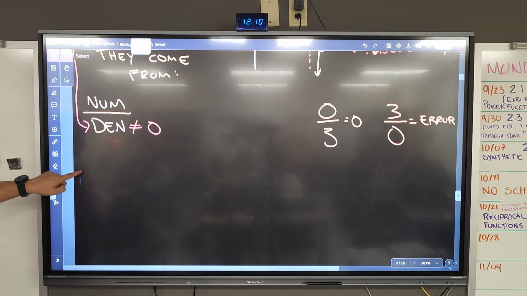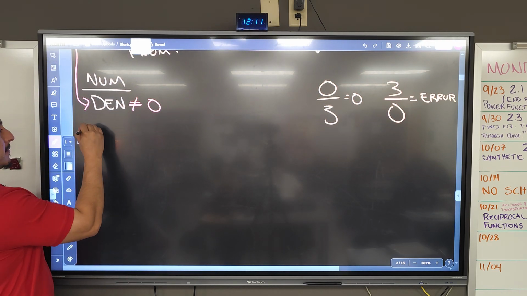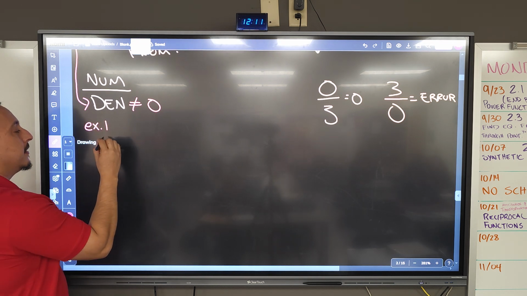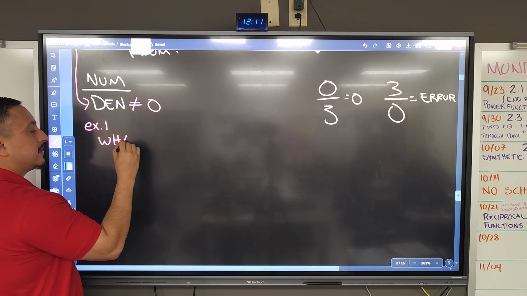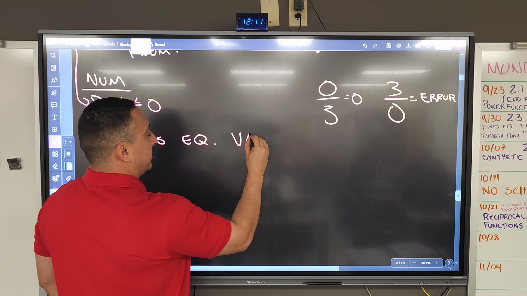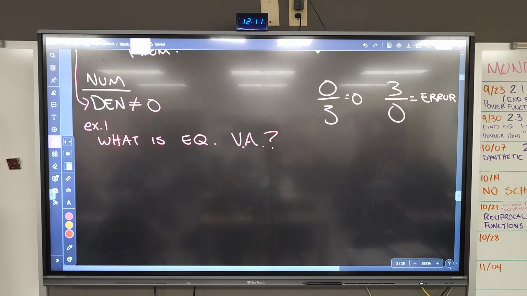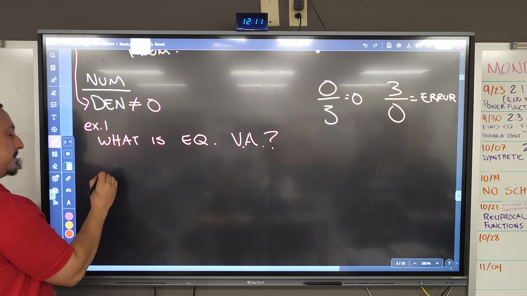If I show an example, it's going to make more sense. So let me show you a quick example. What is the equation of the vertical asymptote? Sounds like a super hard problem, but it's not.